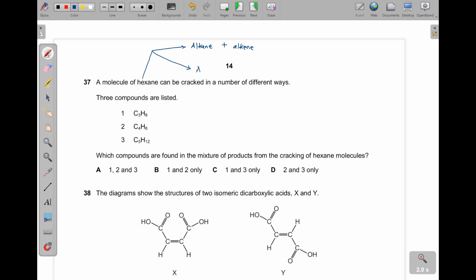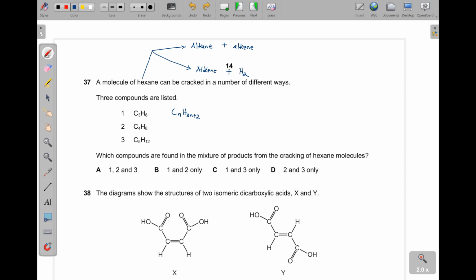Then you can get only alkenes, but since alkenes involve removal of hydrogen, you're having an alkene and then hydrogen as a gas. Now, when you see what we are having here, there is C3H8. Remember the general formula for alkanes is CnH2n+2, and this one falls in there.